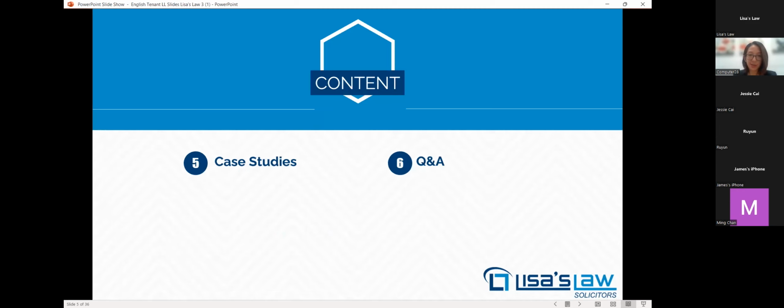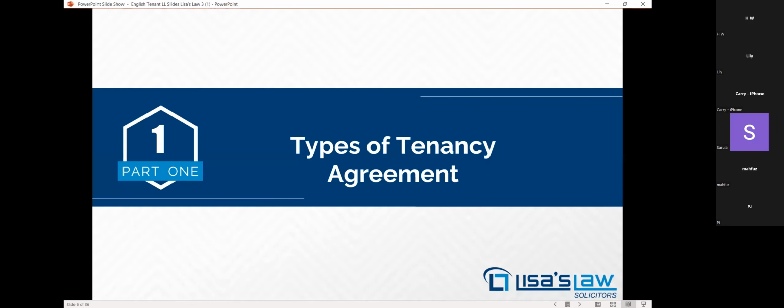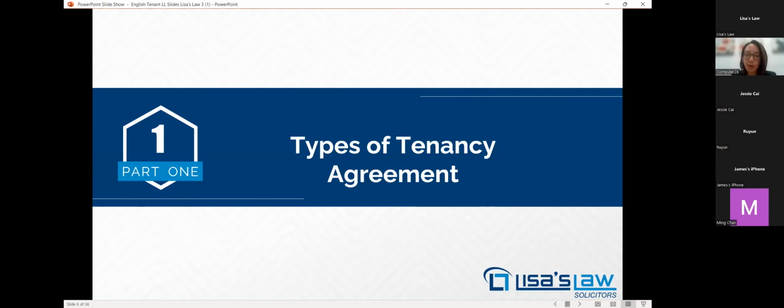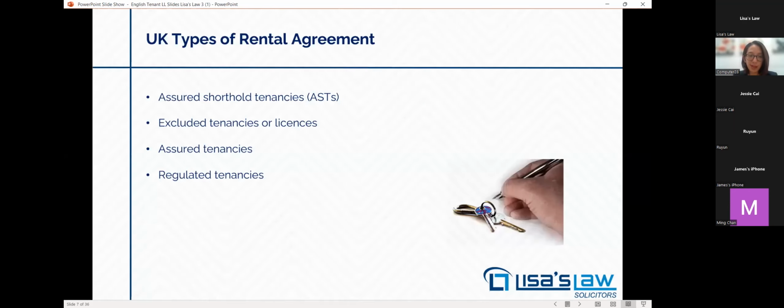Okay, just going to go down here. So let's quickly go through what are the common types of tenancy agreement in the UK. In the UK, what we commonly see is what we call the assured shorthold tenancy agreement. That is very, very common.